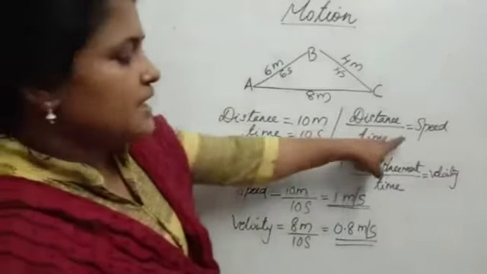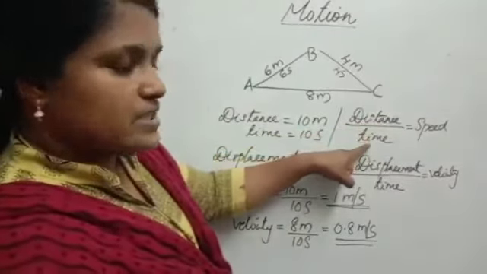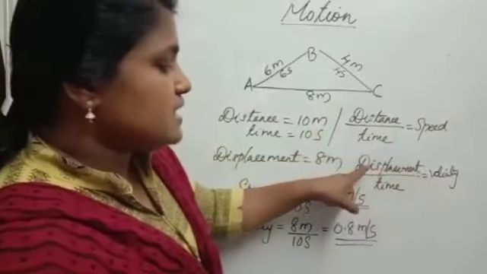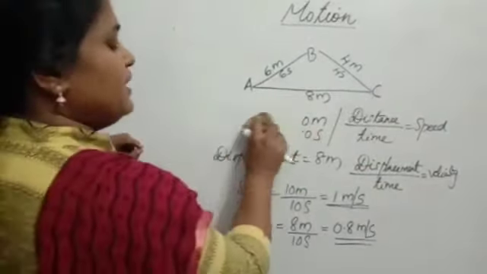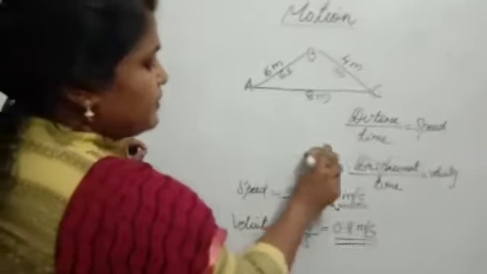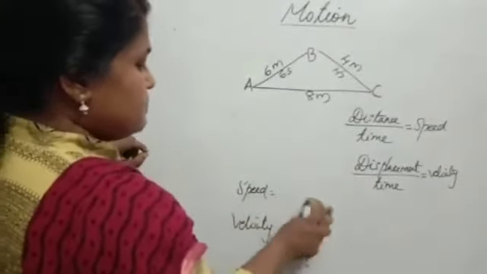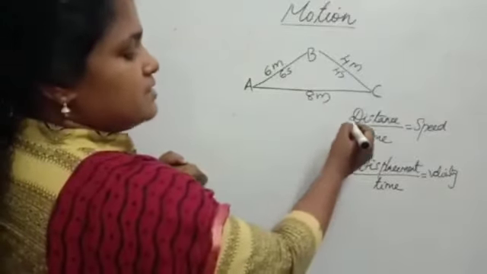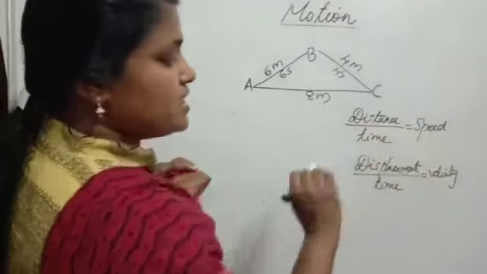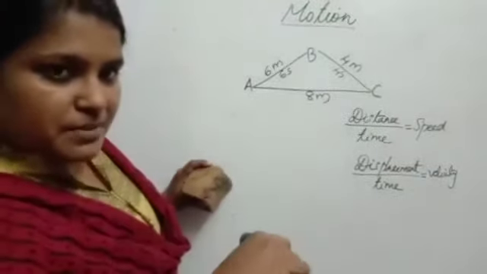Once again, speed is the distance traveled in unit time and velocity is the displacement per unit time. So when we specify the differences between speed and velocity, we can say speed is equal to distance by time, but velocity is displacement by time.